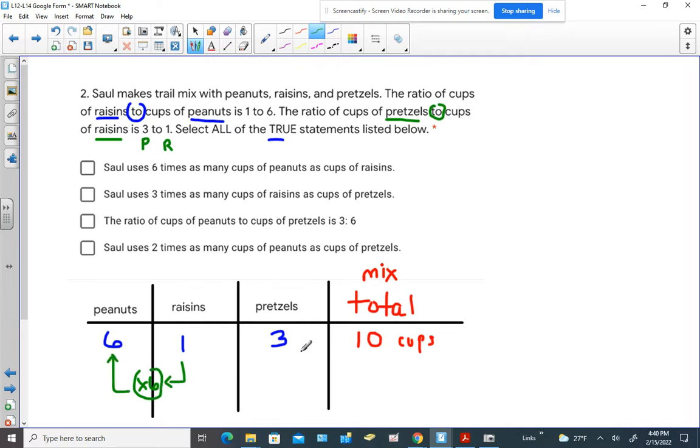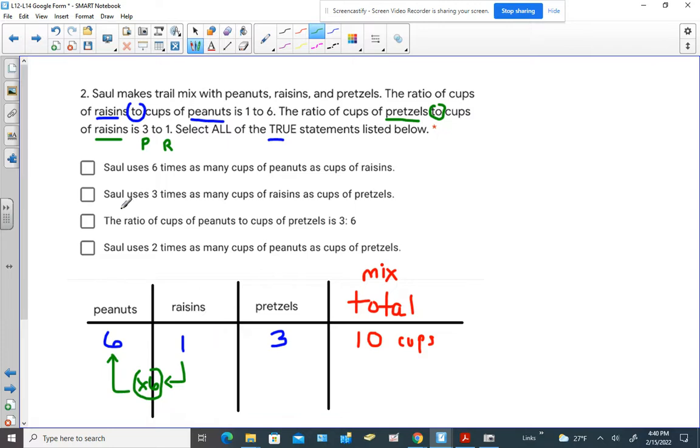So let's say you're saying, yeah, you know what, that's true. Then you're going to put a checkbox there because that would be considered a true statement. If you're saying that this number times 6 is not that number, then that's going to be a false statement. So again, let's read it again to make sure we didn't do it backwards. Saul used 6 times as many cups of peanuts as cups of raisins. So that means that this would be the bigger number, right, than this number.